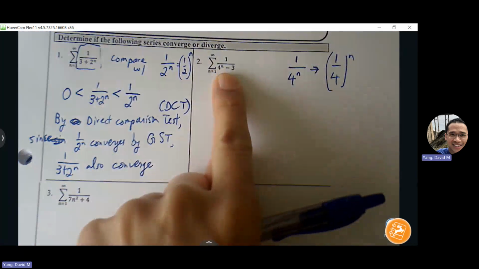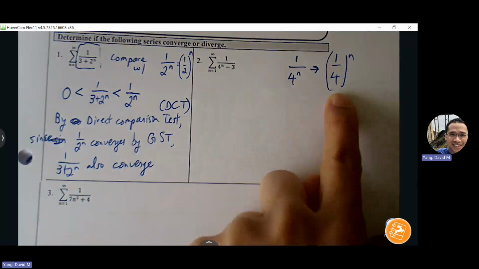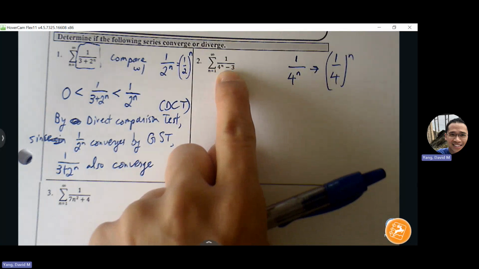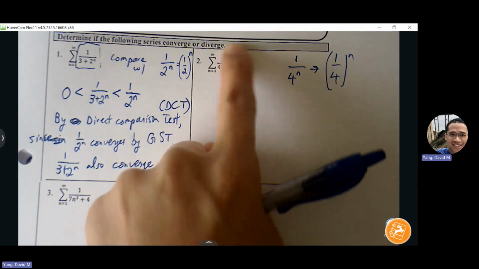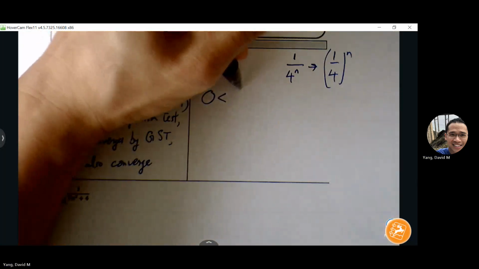Now, what about this one here? What's the relationship with this? Is this larger or smaller than this? Larger, right? My denominator is getting smaller, so my overall value is getting larger. So here's the relationship.